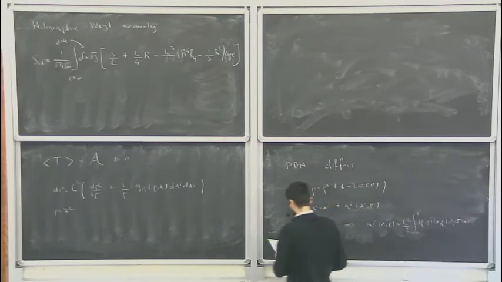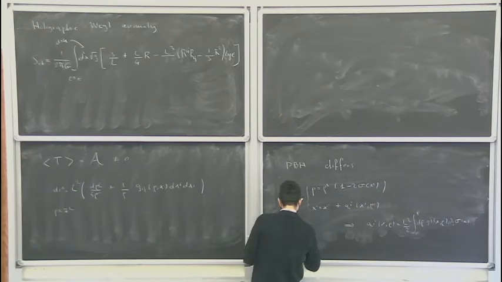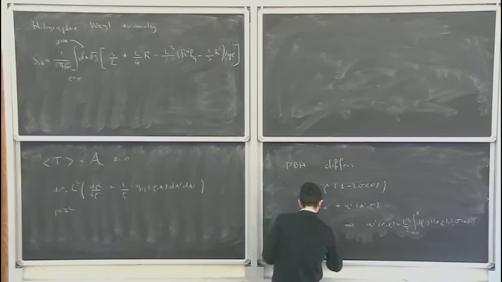And then, if you perform this diffeomorphism, then the metric on the boundary is changed by the following shift.